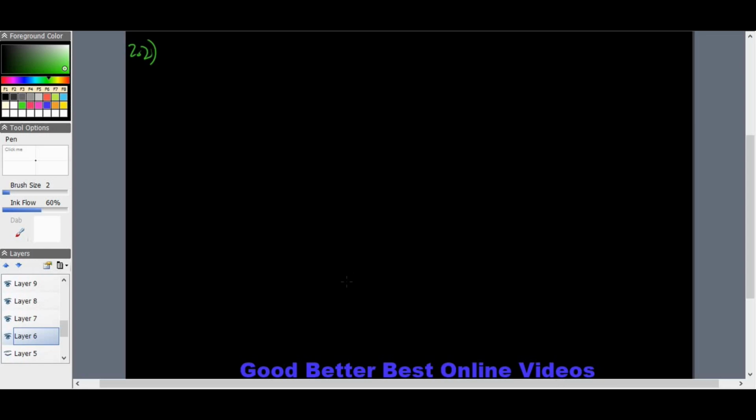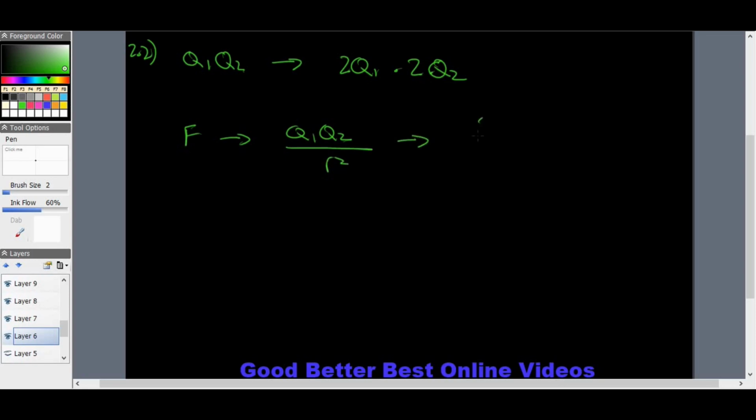Now Q1 and Q2 become 2 times Q1 and 2 times Q2, right? So the formula, F is Q1 Q2 all over R squared, is now changed, if I sub that in, to 2 times Q1 times 2Q2 all over R squared.